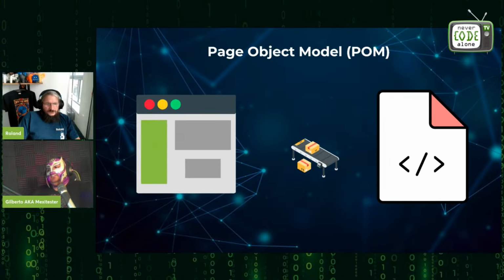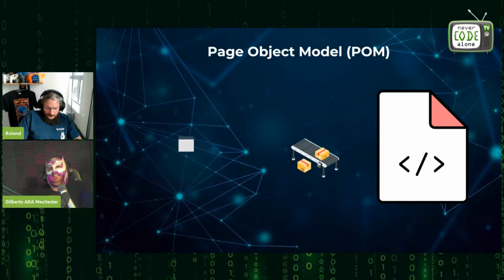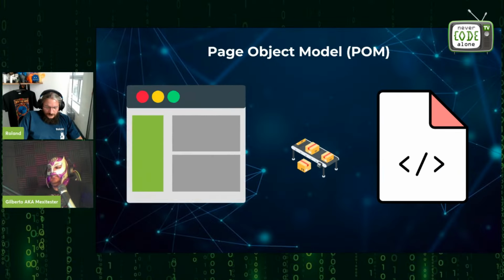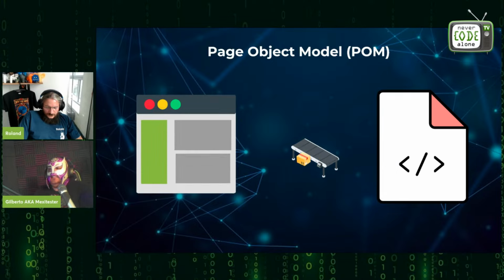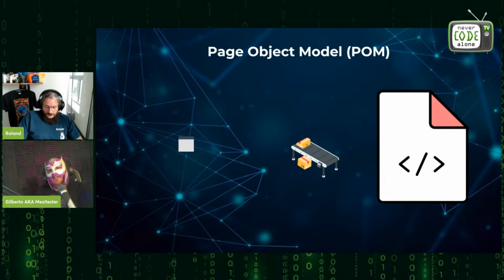Definitely. As you say, something that could help us. I'm not saying it's the only true way. It helps the communication between developers in order to create better ways to identify the objects in the web page. Because as testers, we normally don't do that.